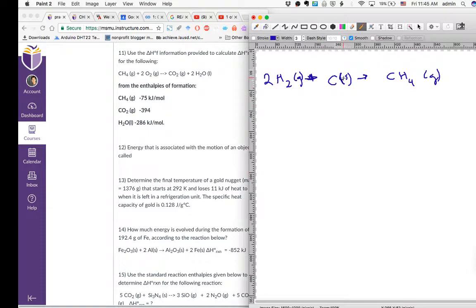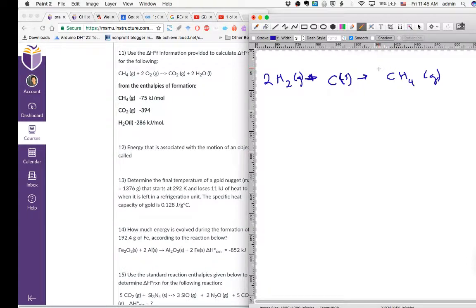Carbon is a solid at room temperature and 1 atmosphere of pressure. Hydrogen is a gas at room temperature and 1 atmosphere of pressure. So if I write the equation with hydrogen gas and carbon solid, and they make methane gas, this is the formation reaction for methane gas.